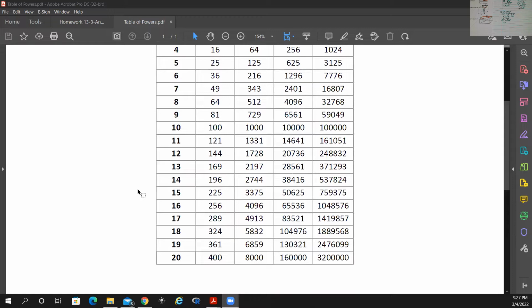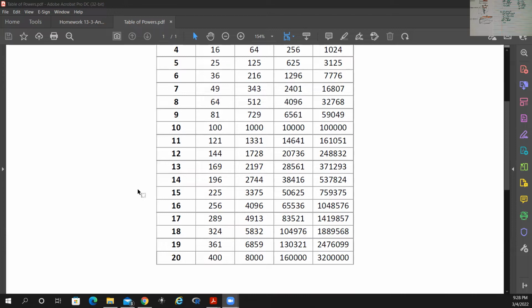Let's see if it's divisible by 256. No. Is 544 divisible by 225? Definitely not. Is 544 divisible by 196? Nope.